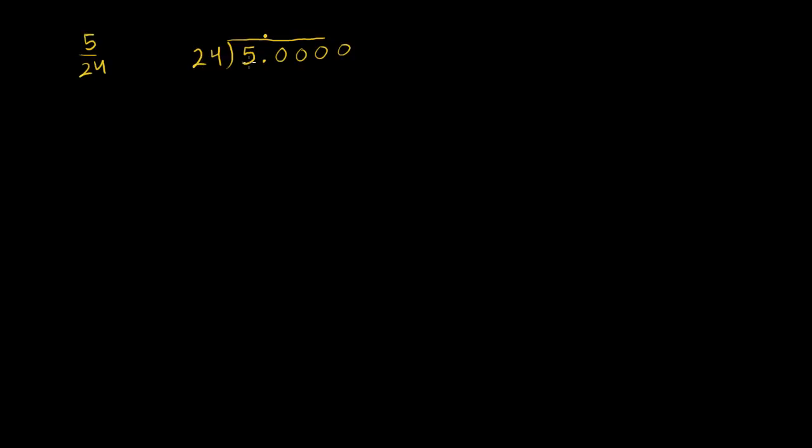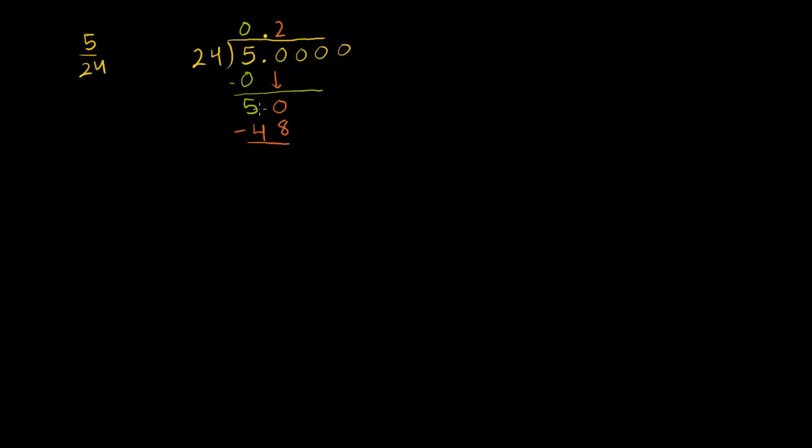24 goes into 5 0 times. 0 times 24 is 0. 5 minus 0 is 5. Bring down this 0 right here. 24 goes into 50. Well, it goes into that 2 times. All right, 2 times 24: 2 times 4 is 8. 2 times 2 is 4.